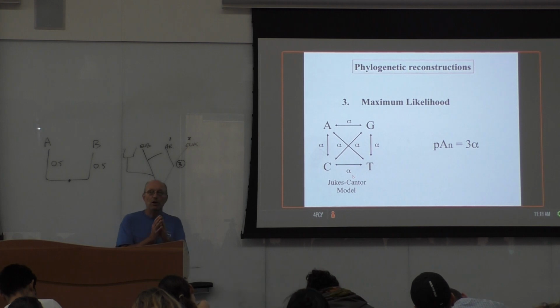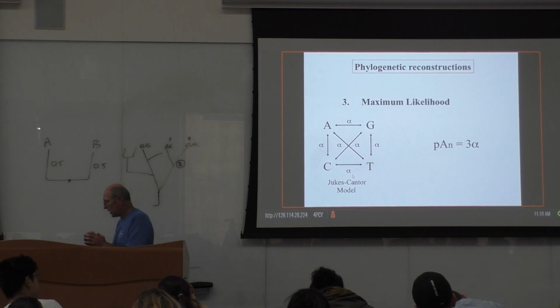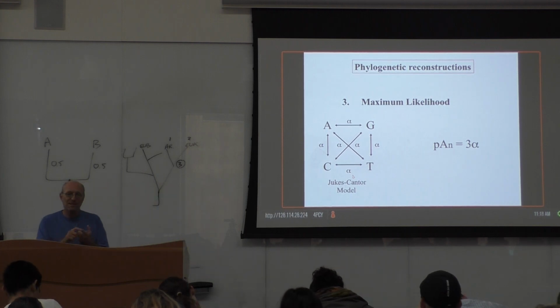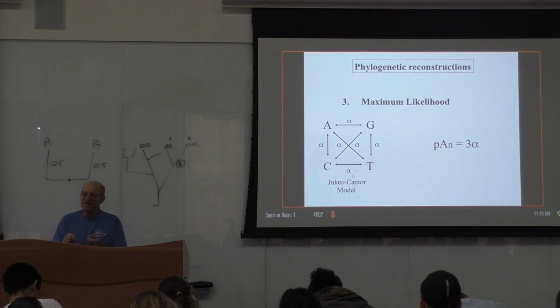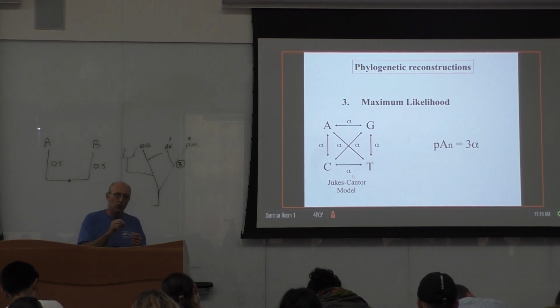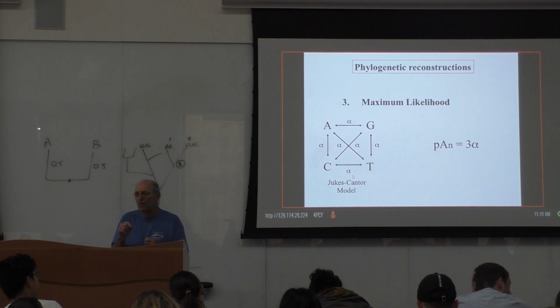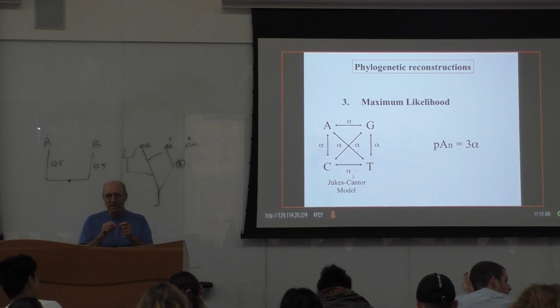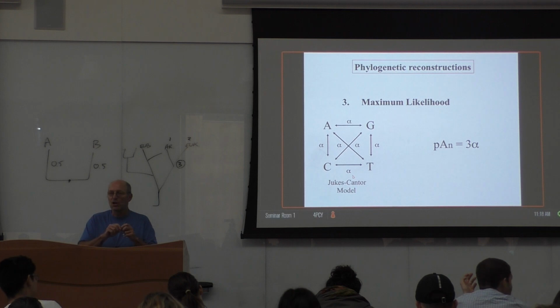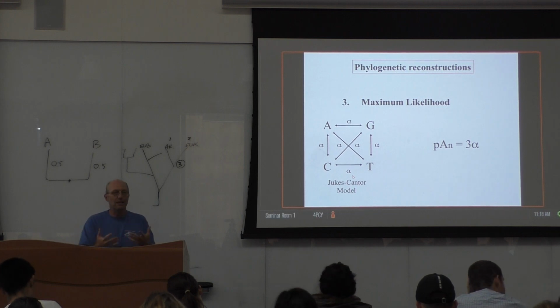So when you're going to make a tree, you are going to look at every single nucleotide in every single position, in every single organism, and compute how likely it is for that organism to have its sequence change from whatever it has to anything else.